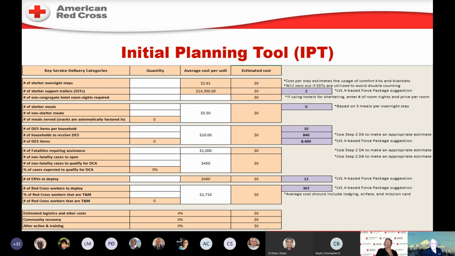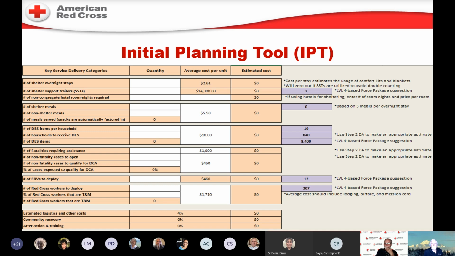It does pay to pay attention to what is projected for the particular disaster you might be having. Local shelter support trailers, how many will be needed to come in? And then this is new, non-congregate hotel room nights required. How many people will you be putting up in a hotel, and what is that cost going to be per room?